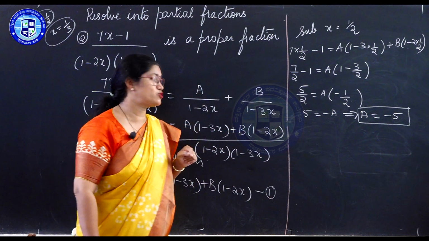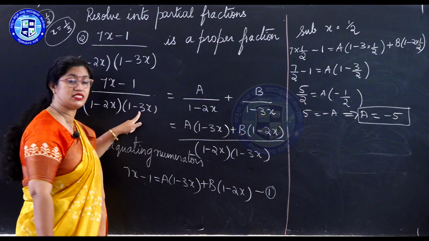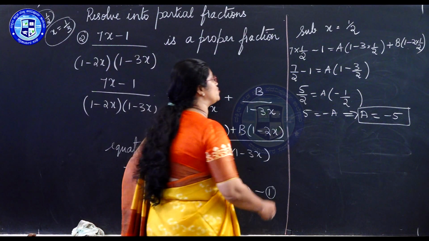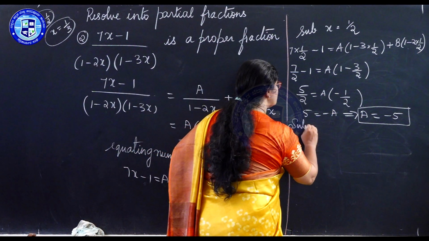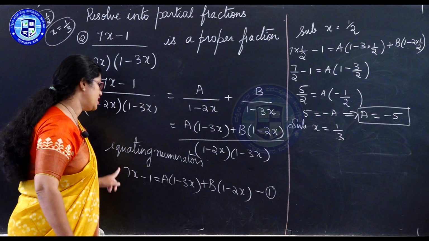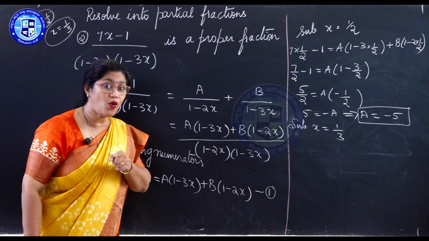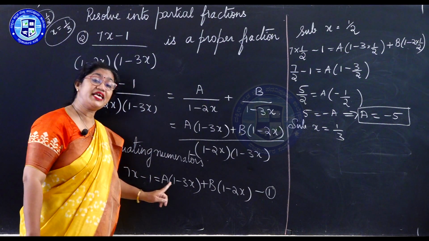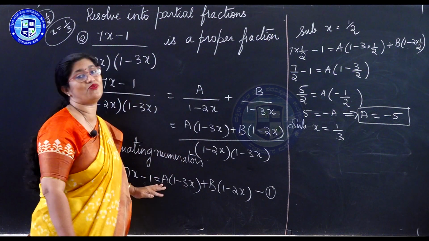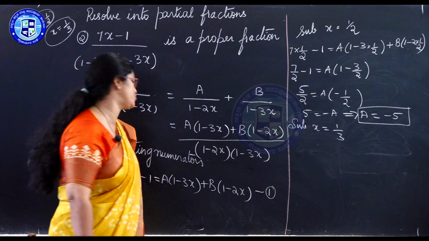Now substitute the next value. What is the next value which will make this factor 0? X is equal to 1 by 3, we have already calculated. So substitute x is equal to 1 by 3 in equation 1. How? Replace wherever there is x, replace all the x by 1 by 3. So this is how you should do it.